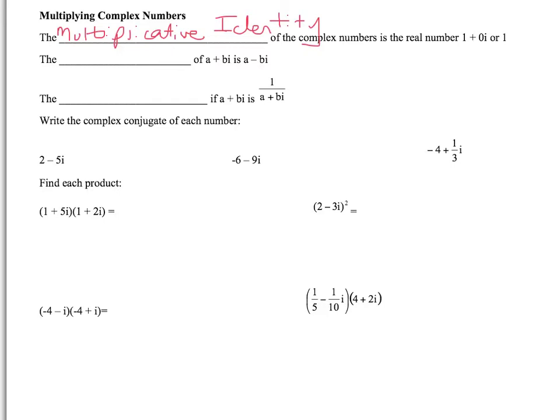That's the conjugate. We've talked a little bit about conjugates already when we did radicals. It's going to be the same idea. You change the middle sign. And the blank of some a plus bi number is 1 over a plus bi. Well, when you flip a fraction, it's called the reciprocal. That's an RO.